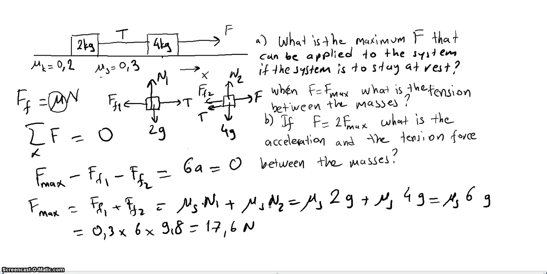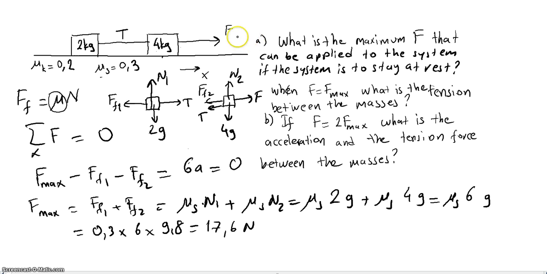So if the external force acting on the system is less than this value, 17.6 newtons, then the system will stay at rest, because this force will be less than the frictional force acting on these two blocks.